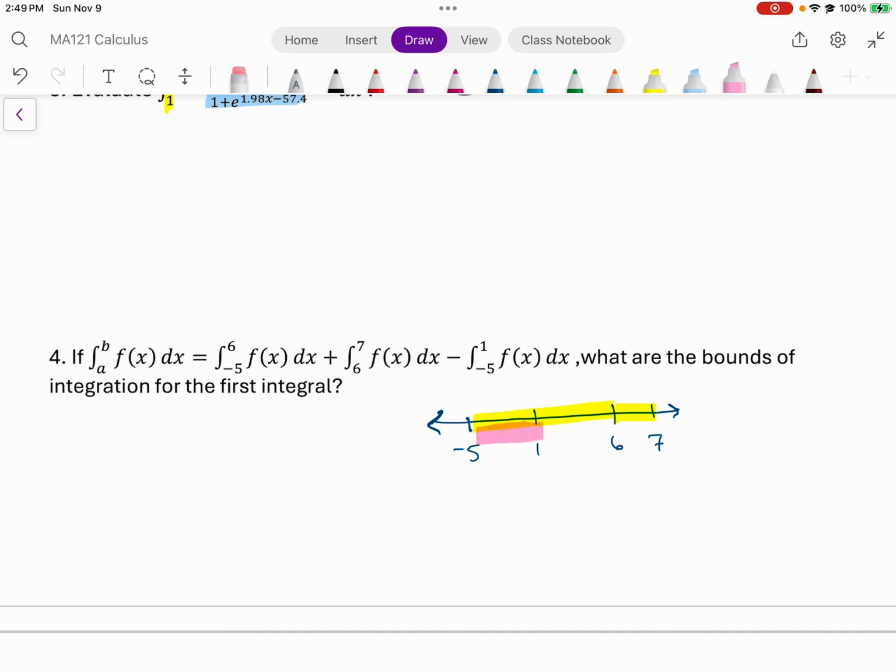We're subtracting that part. So that's going to go away. And all we're going to have left is from 1 to 7. So hopefully you see here that A is going to be 1 and B is going to be 7. So we go from 1 to 7 there, if you want to think of it that way. 1 to 7. All right.